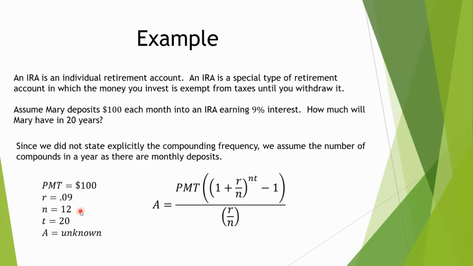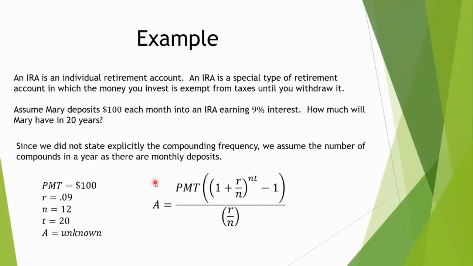Again, that's how many compounding periods there are in a year. We're making monthly deposits, so we're assuming it's compounded 12 times a year. It's going on for 20 years, so T is 20. And the balance is what we're looking for. That's what capital A is. We have our formula.